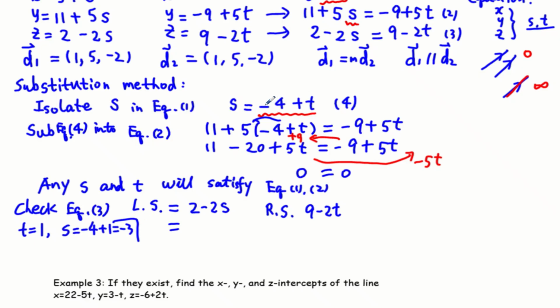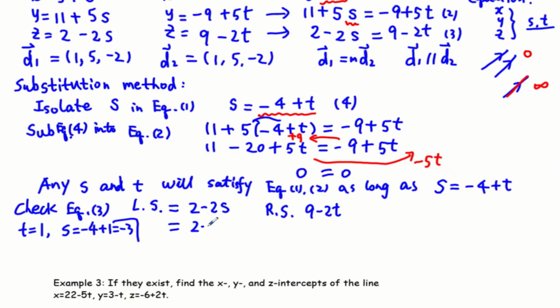So as long as s equals -4 plus t, then it will work. So s and t could be any numbers as long as s equals -4 plus t. So we just pick a random number and sub in.